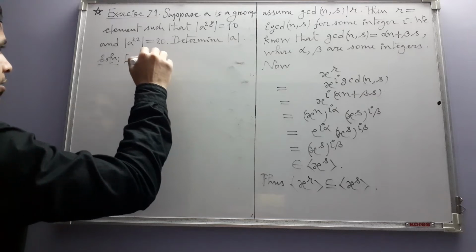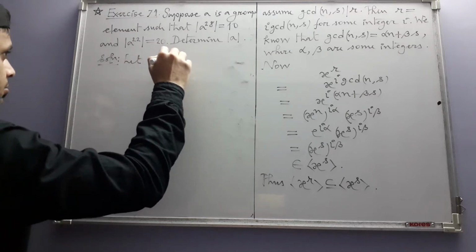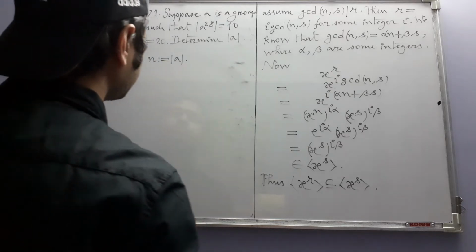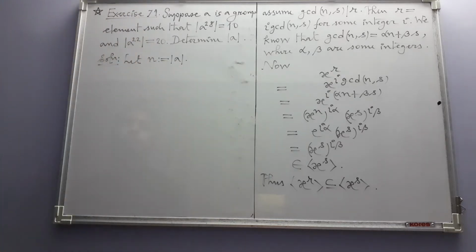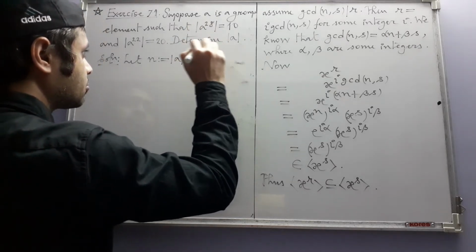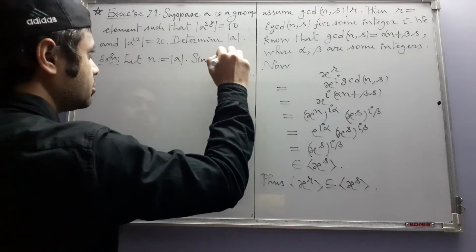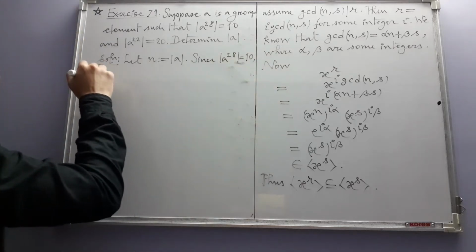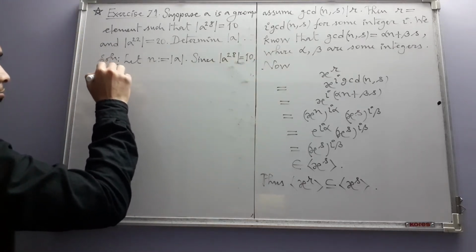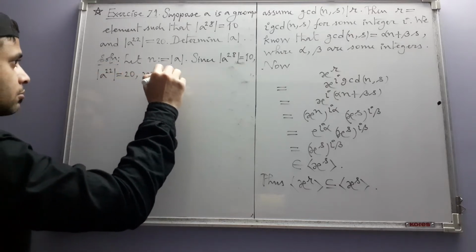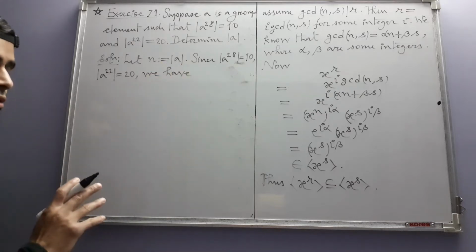Let the order of a be denoted by n. Now, since these conditions are given, what do these things mean?